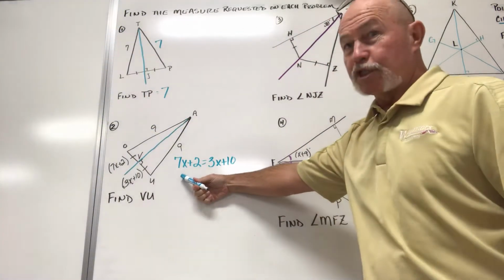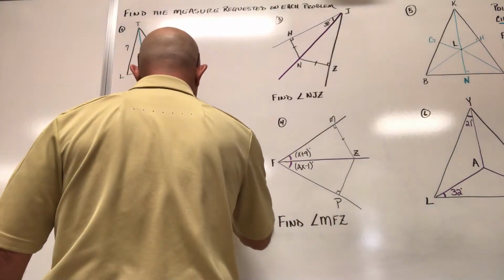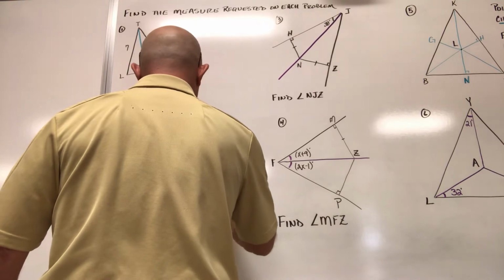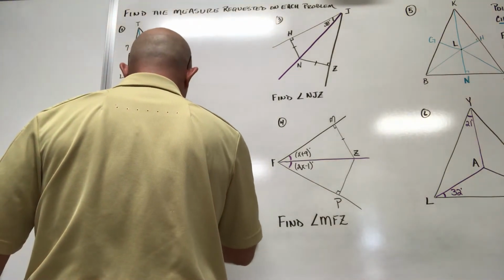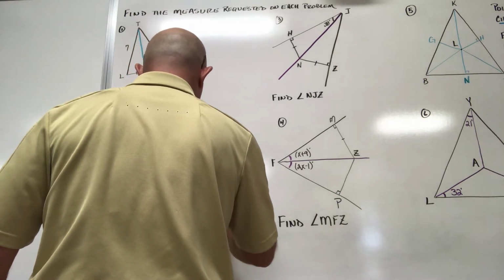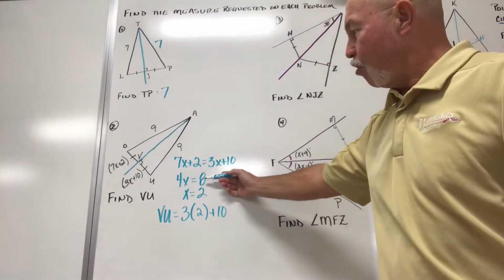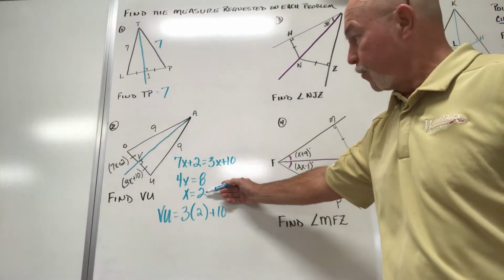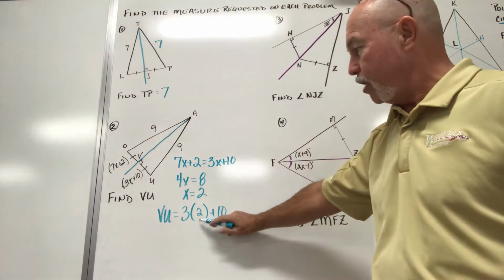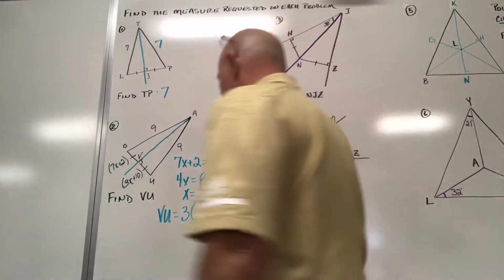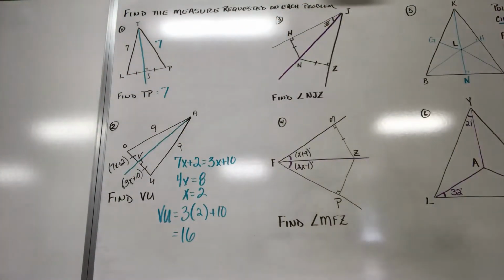And we're just going to solve for x. So I solve for x and I find that it's 2. And then I've got to take that and substitute it for that right there, which I'm doing here. 6 plus 10 is 16. Okay, there's that problem.